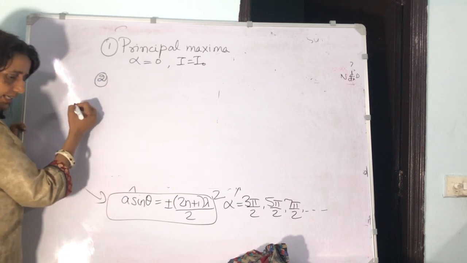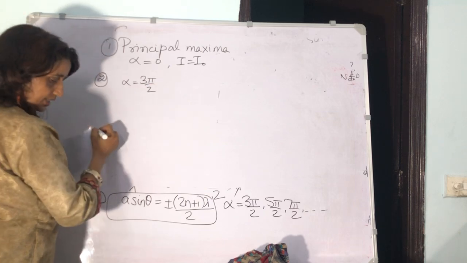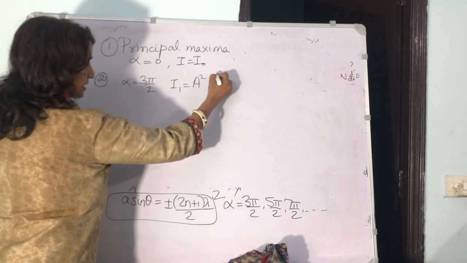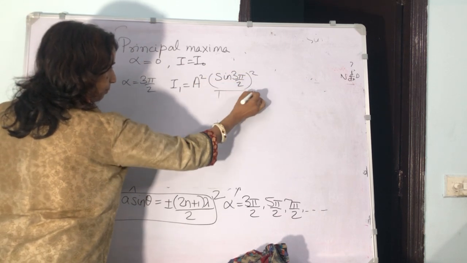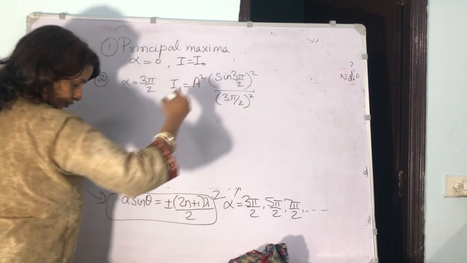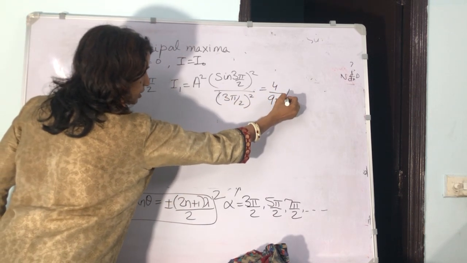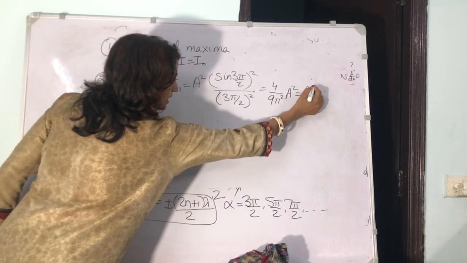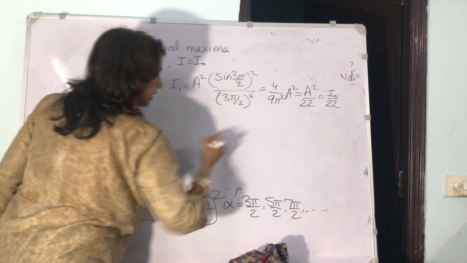Second, let us take alpha equal to 3 pi by 2. So what is the intensity coming out as? A square sine 3 pi by 2 whole square upon 3 pi by 2 whole square. We will solve. This becomes 4 by 9 pi square into a square, or I naught upon 22.